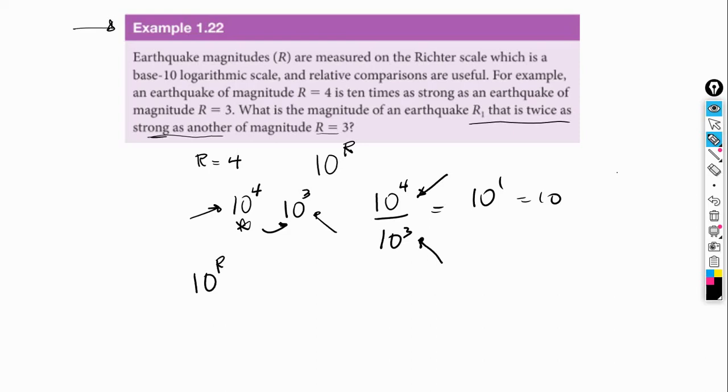So that's what we have to solve for, 10 to the power of R1. And it says that it is twice as strong as another one of magnitude R equal to 3. So that would be divided by 10 to the 3. And because it's twice as strong, it means that this would equal 2, right? Because this is double that. So if this one is twice as strong, it means that this divided by that equals 2. So this is what we have to solve for.